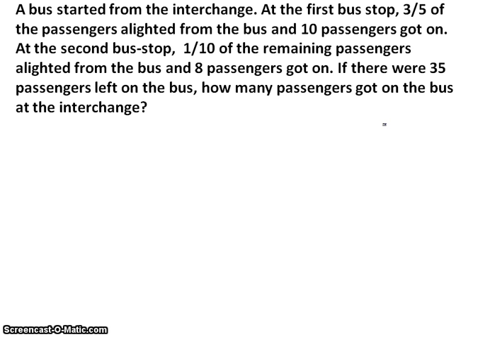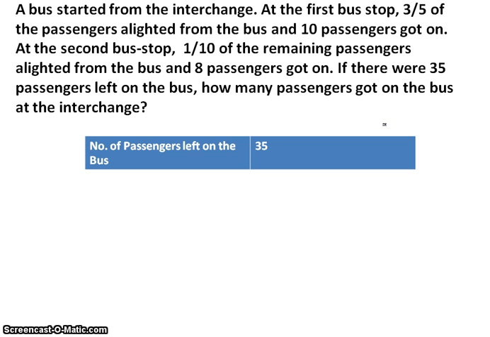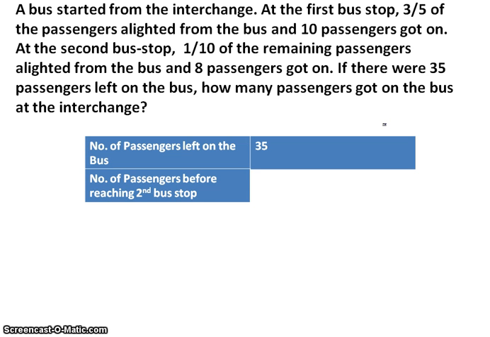Alright, so for such a question, it will require us to work backwards. Let's look at the last sentence here: if there were 35 passengers left on the bus, how many passengers got on the bus at the interchange? So the number of passengers left on the bus was 35. Let's look at the number of passengers before reaching the second bus stop.